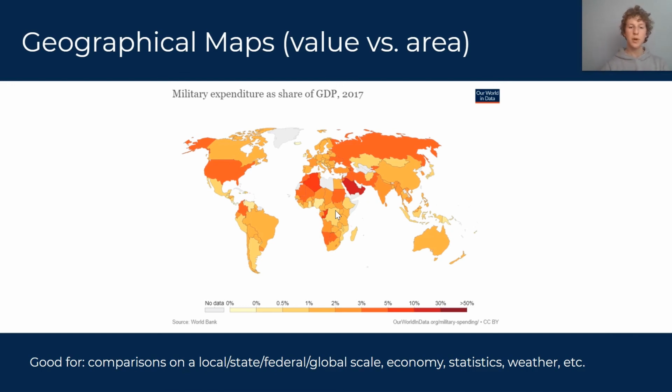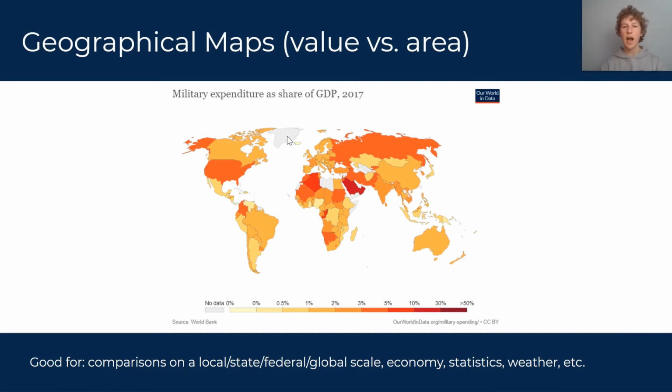And so these are good for comparisons on some sort of geographical scale where you visually represent it with the map that everyone is familiar with instead of just listing it out in a table. It's good for things like economy, statistics, weather, something that a lot of countries or a lot of states or cities or whatever you're measuring can relate to and would have the data to provide.